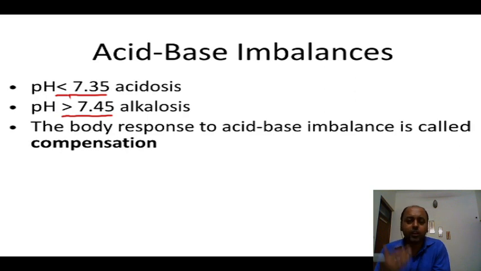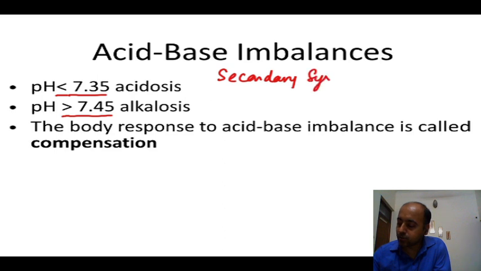The body will try to correct the acid base imbalance. After the chemical buffers are exhausted, we'll see the derangement and the body will try to compensate, and this compensation is provided by the secondary systems. And which were the secondary systems? Respiratory and the renal system.